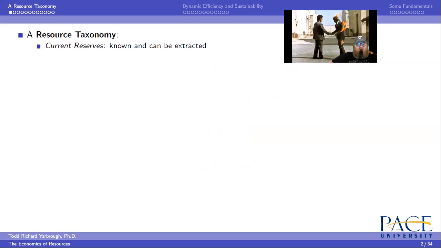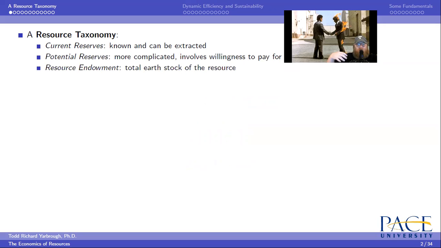some concepts. So a resource taxonomy begins with a conversation about the notion of reserves. And this is one of the more complicated aspects of resources, because typically when we think about reserves, we conjure in our minds things like inventory, like an amount of a resource that we have currently. It is our reserve of that particular resource.